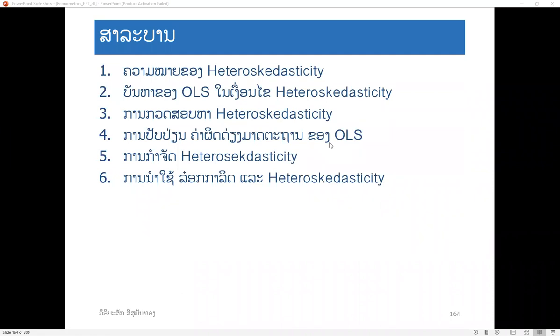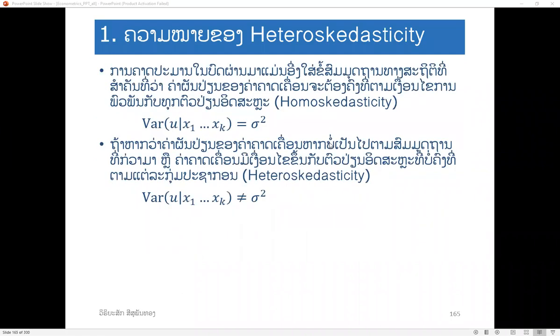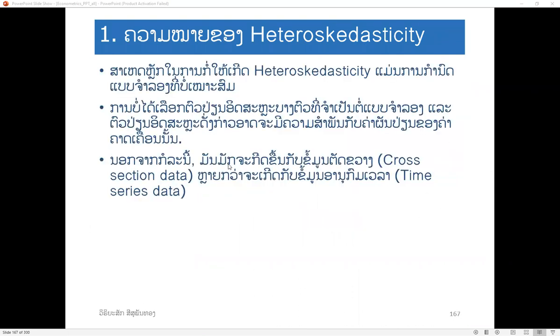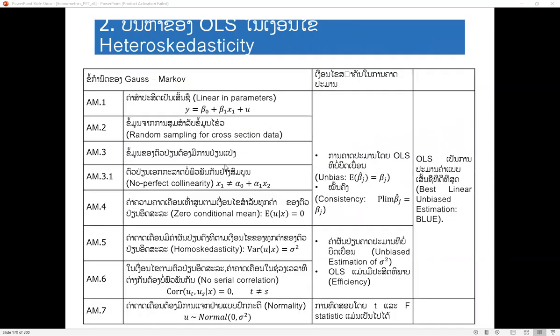From our previous session, I mentioned that the condition for making OLS BLUE, based on unweighted estimation, is Assumption 5: we need homoskedasticity, which is that the variance of the error term given x must equal a constant, sigma squared. If this condition does not hold, we call it heteroskedasticity.